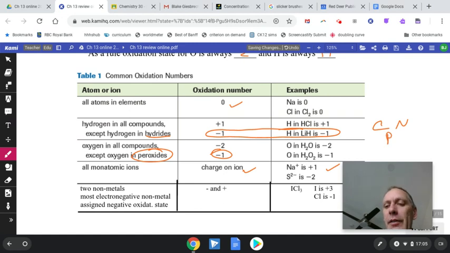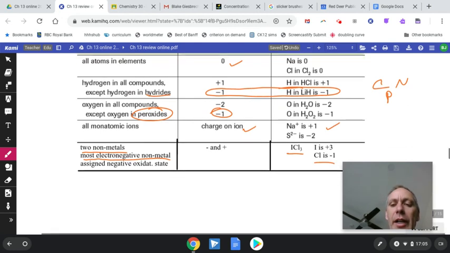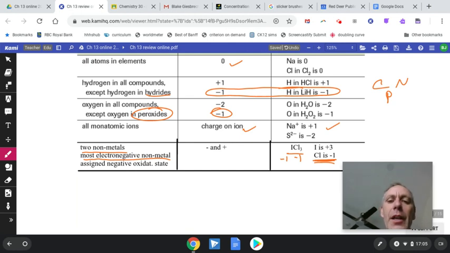Okay, and the multivalent metals can have 2 or more oxidation states. And the last rule, if you have 2 nonmetals, whoever's most electronegative wins. So there's that example. Chlorine and iodine would both like to be -1, but they can't. Chlorine is more electronegative. It gets its -1, which is forcing iodine to be +3.